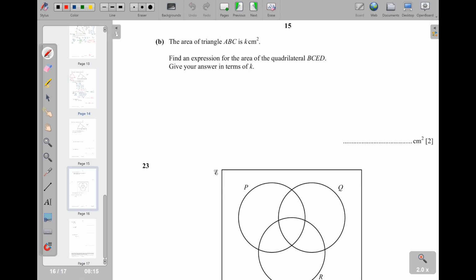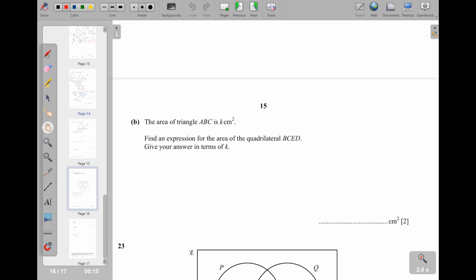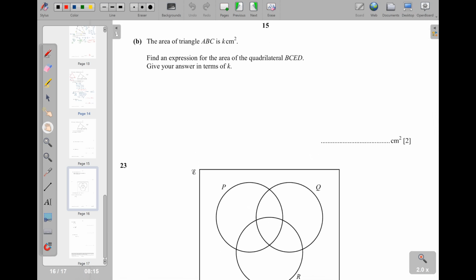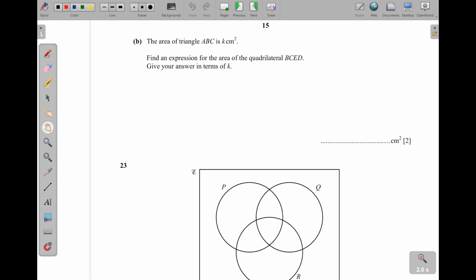This one here. The area of triangle ABC is k centimeters squared. Find an expression for the area of the quadrilateral BCD. Okay, area of the triangle ABC.